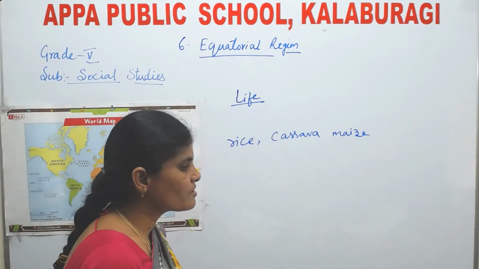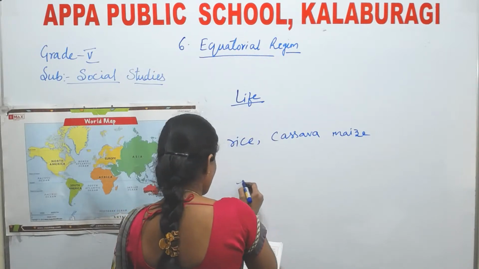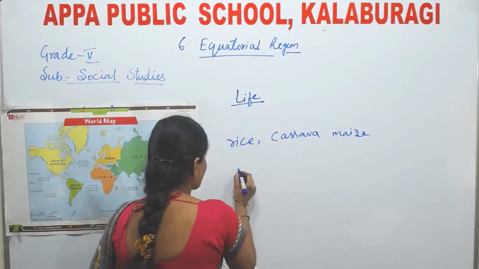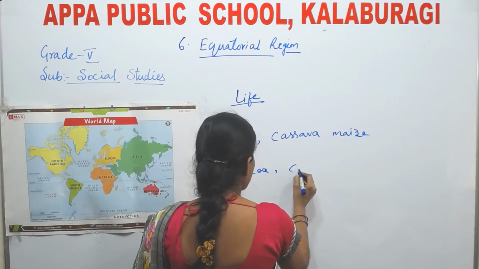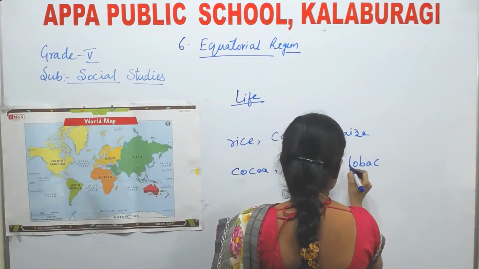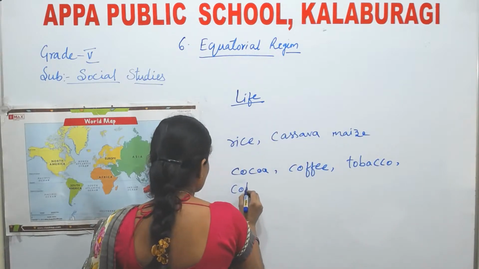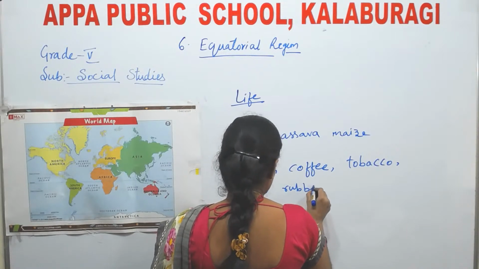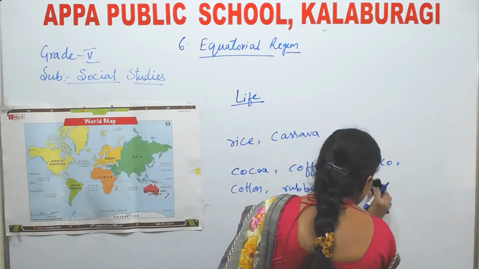Next, what are the cash crops grown in this region? Cash crops like cocoa, coffee, tobacco, cotton, rubber, and oil palm.